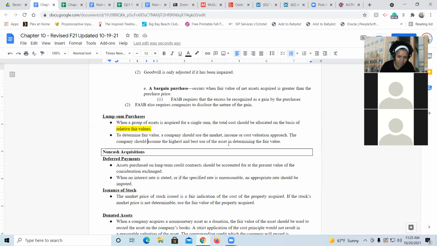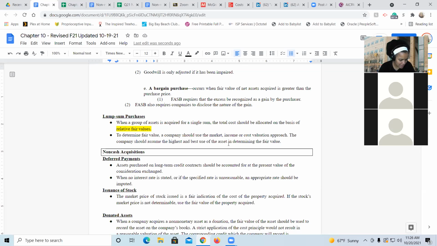And when you do the fair value, you have to assume the highest and best use. What they mean is, you can't say, oh yes, I know that this is some 5-star engineering, biomedical equipment, but we're going to use it as a footstool or something, and so we're going to base the fair value on sitting on it as opposed to, I mean, it's an extreme example, but sitting on it instead of actually using it for medical testing, right?